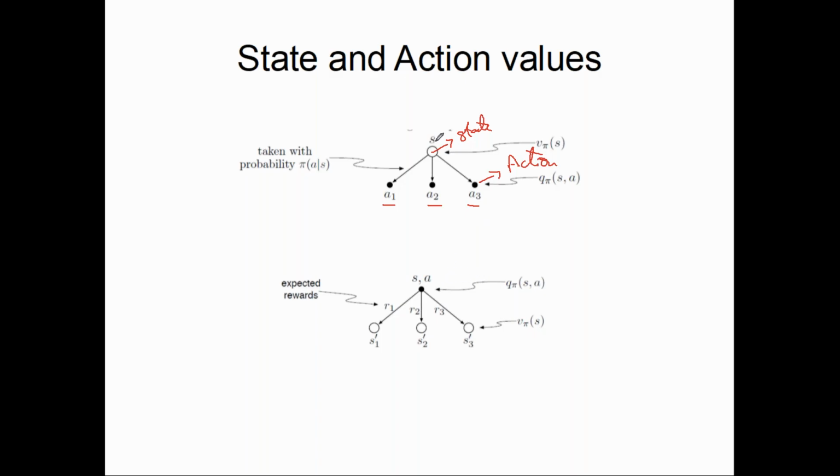That means from a state, there is a possibility you may take different actions. And on taking a particular action here, you may arrive at different states. So now we have looked at two probabilities. One is the probability between states and action. This is the probability of policy.